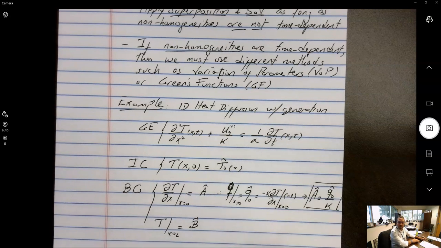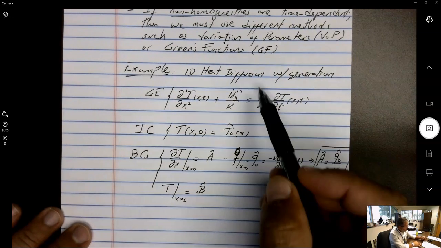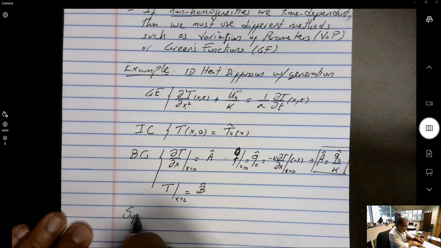So if we're told that the slope of the function is equal to A, that means that it's simply the heat flux, whatever heat flux is being imposed on that wall, divided by the conductivity. This one is pretty self-explanatory. Temperature is equal to B. So, in order to solve this problem that has non-homogeneities everywhere, we are going to apply some superposition.